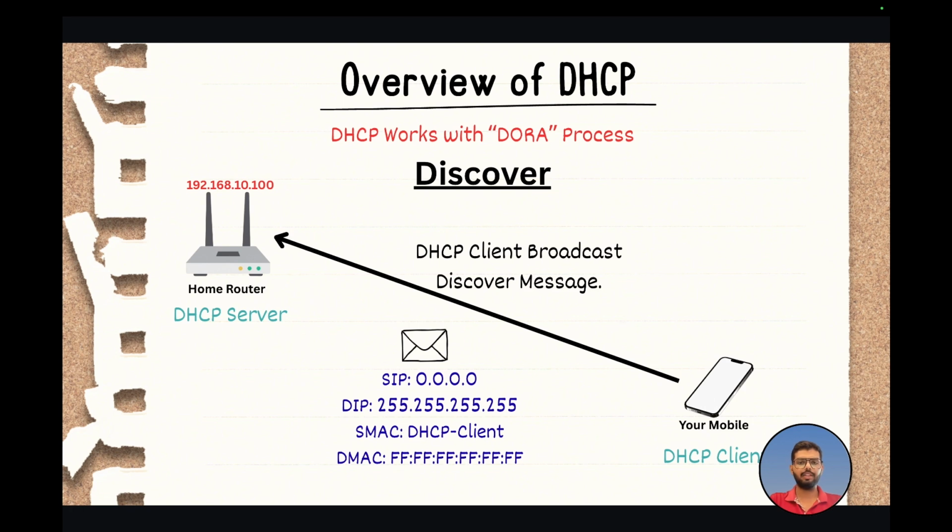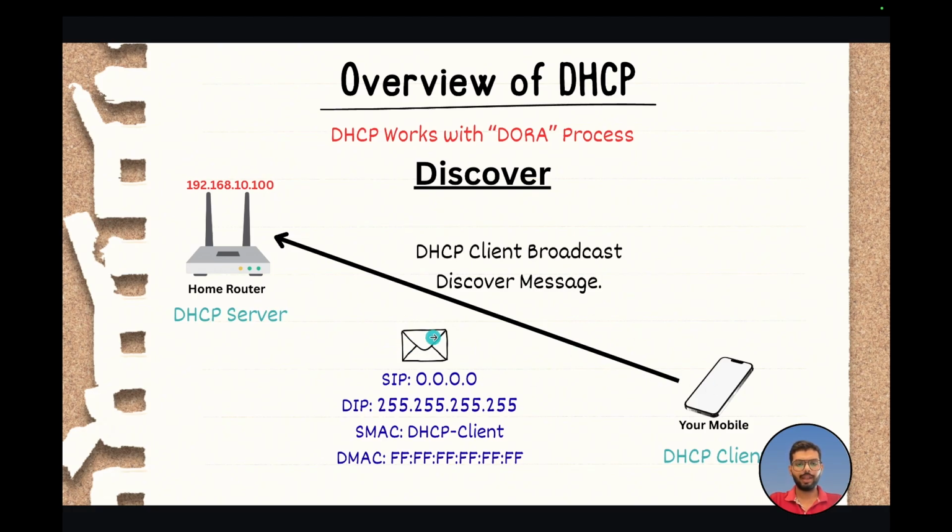In this phase, the DHCP client broadcasts the discover message in the entire network, because right now your mobile doesn't know where the DHCP server is running and from where it needs to get an IP address. So it will send a broadcast message.